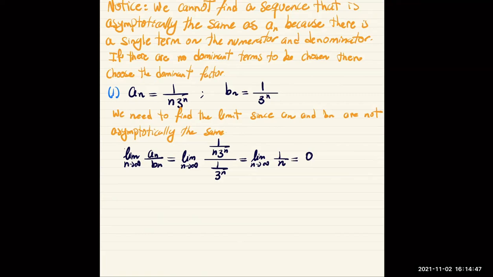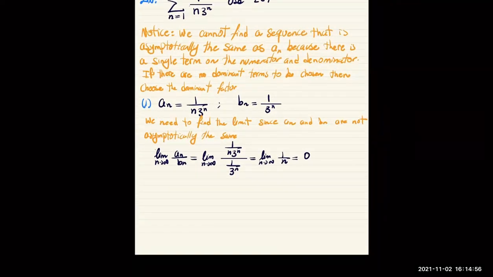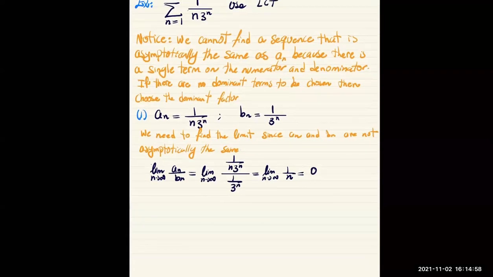Obviously, it's not 1 because A sub n and B sub n are not behaving the same way. Why is that? Well, it's because this sequence diminishes faster.